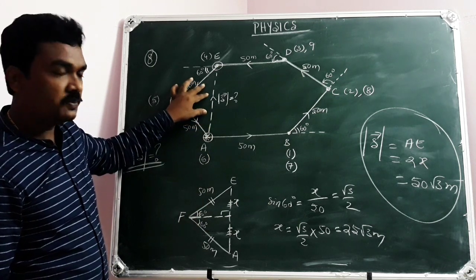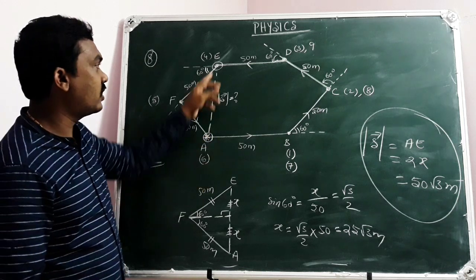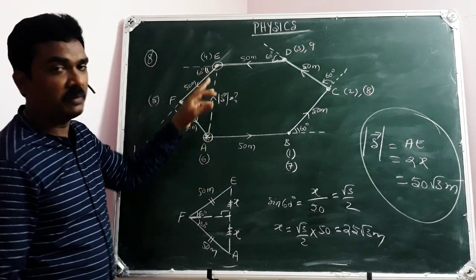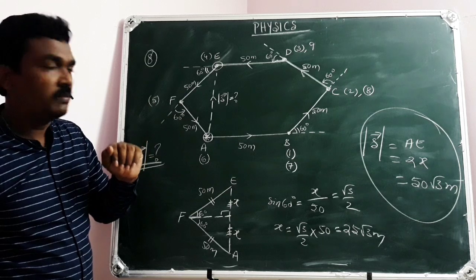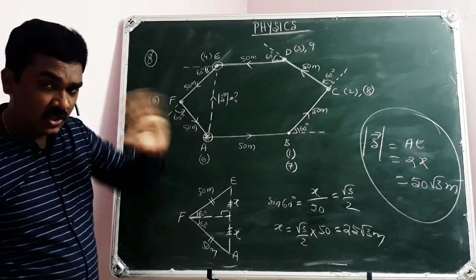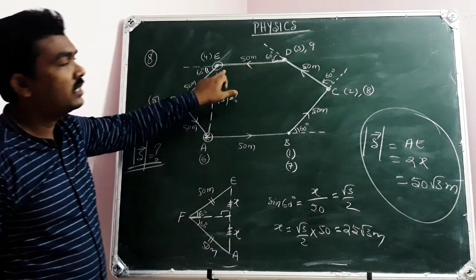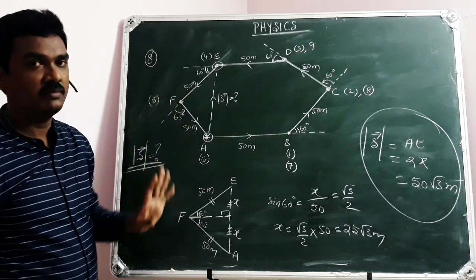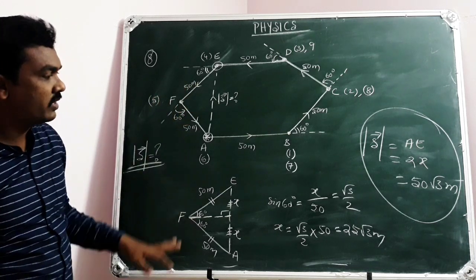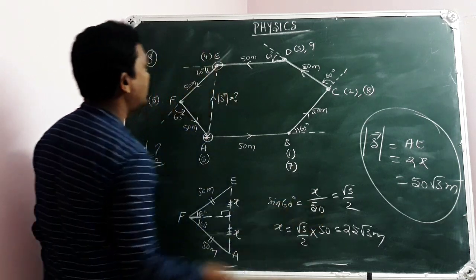See, some people will say AD is the displacement. No. After taking the 9th turn, he has to travel through 50 meters and reach E. So AE is the displacement. This is the final answer for question number 8.